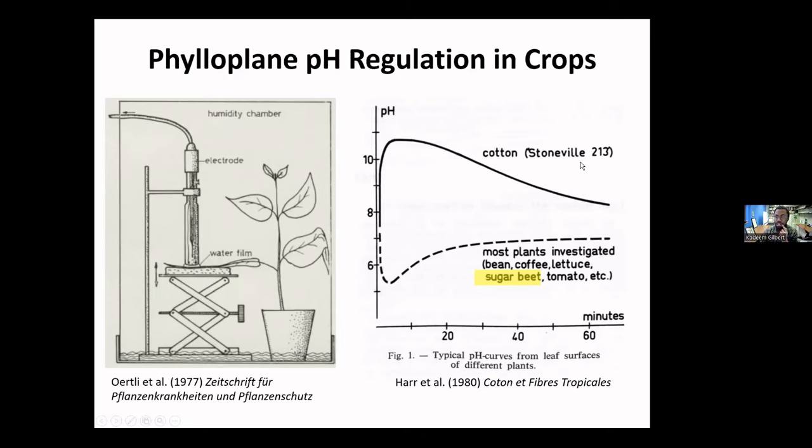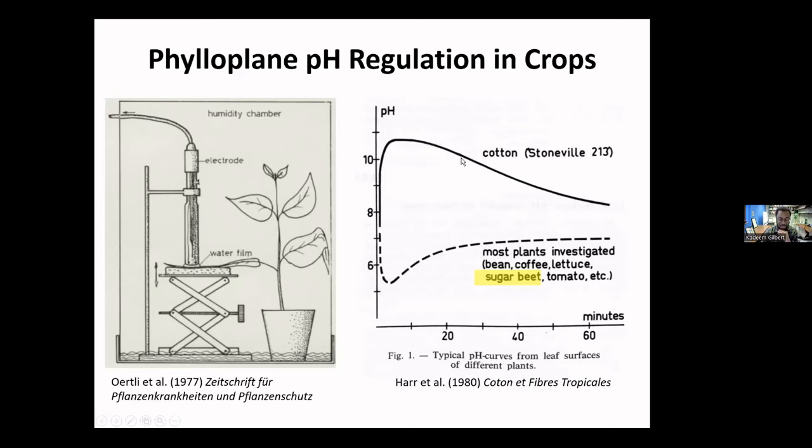But then, very interestingly, cotton, and other members of the family Malvaceae too, show a very interesting response where in that same time frame they rapidly increase the pH, from 10 to 11 or so, which is really alkaline. If you remember that pH slide from before, this is approaching bleach.